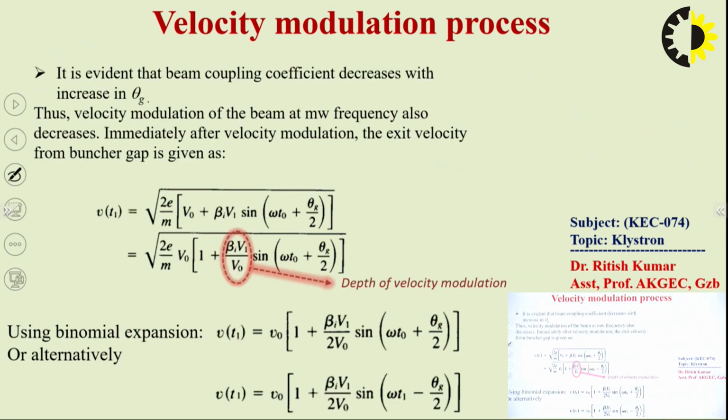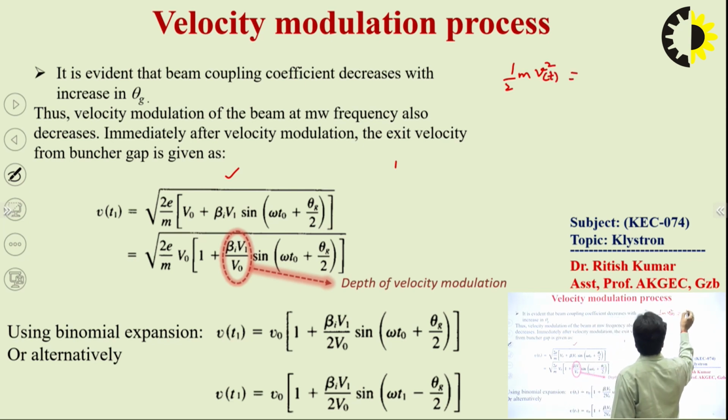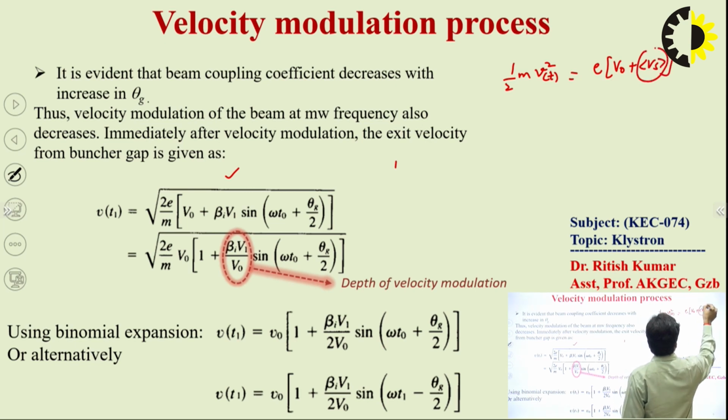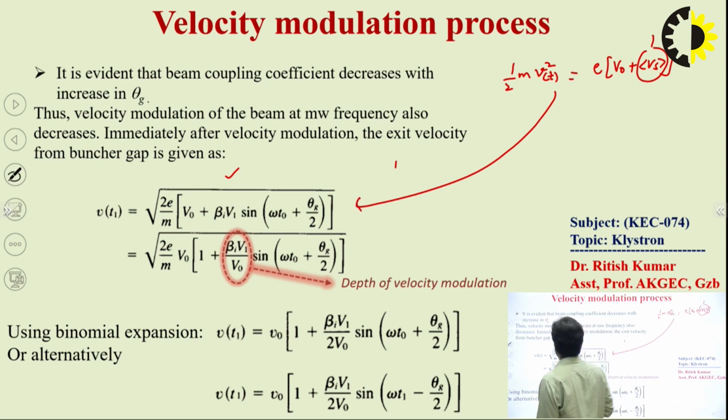Now the velocity modulation process continues. How does it come? We already know that half m v t1 square equals e times V naught plus Vs. After putting the value of Vs from the last slide, we have Vt1 like this.